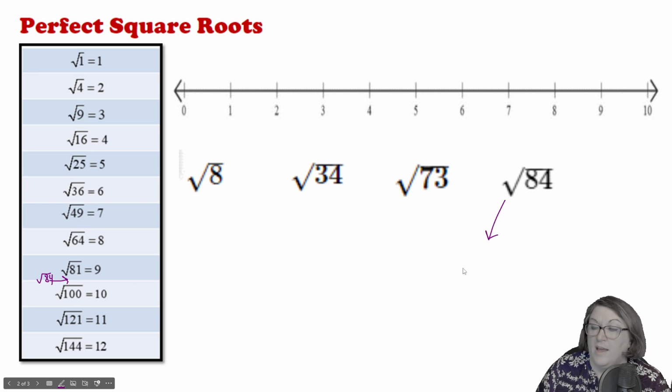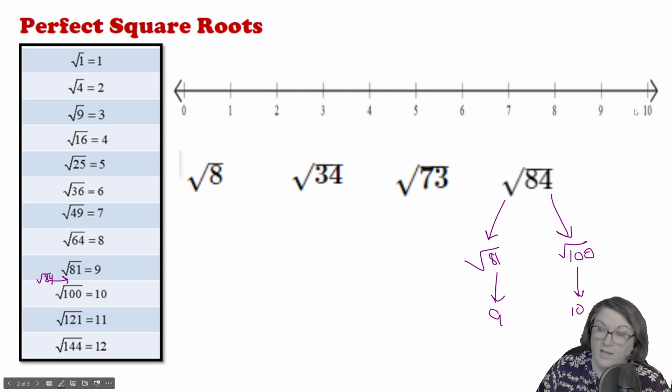So I know that the square root of 84 is going to be between 9 and 10 somewhere, which is somewhere in this area of the number line here.